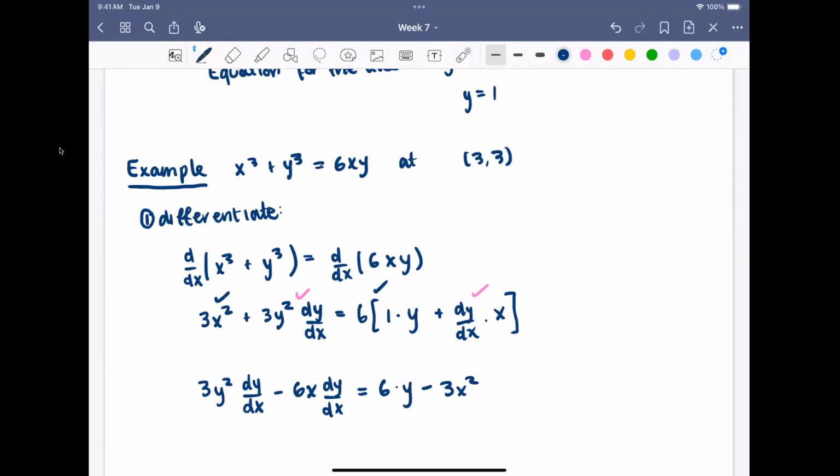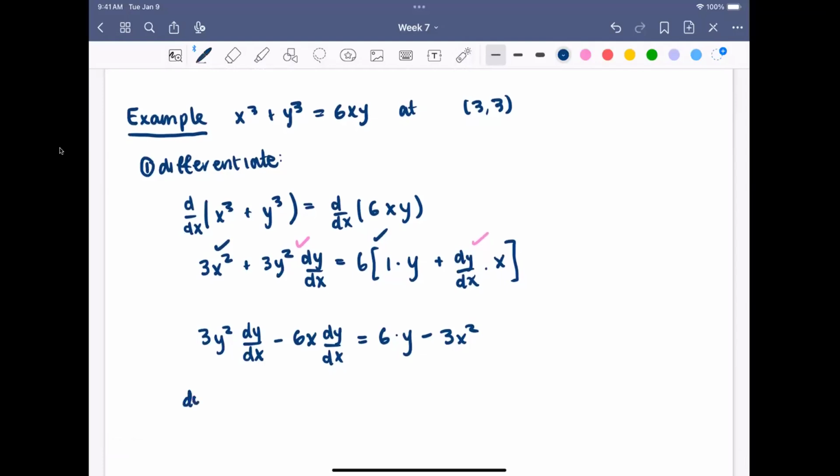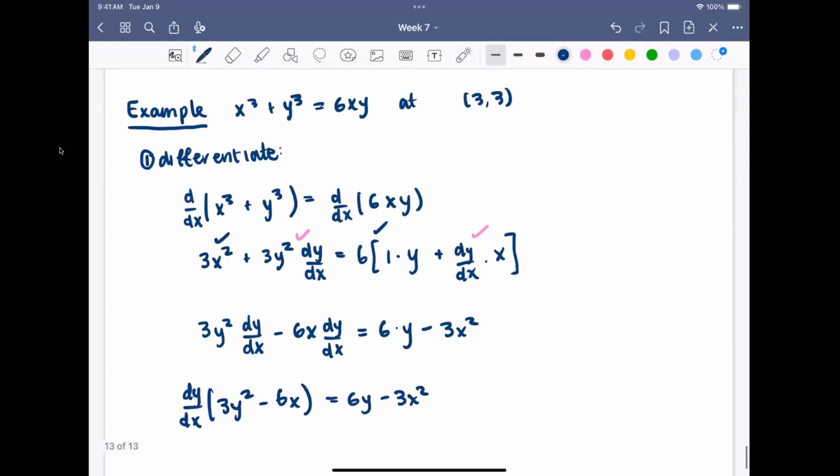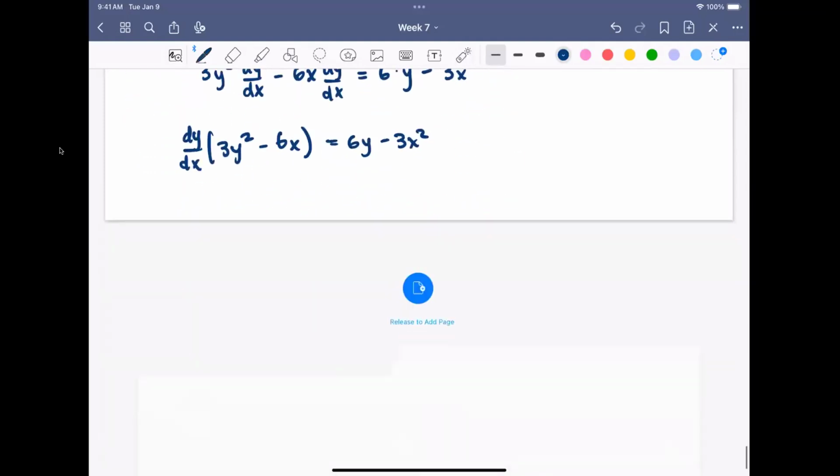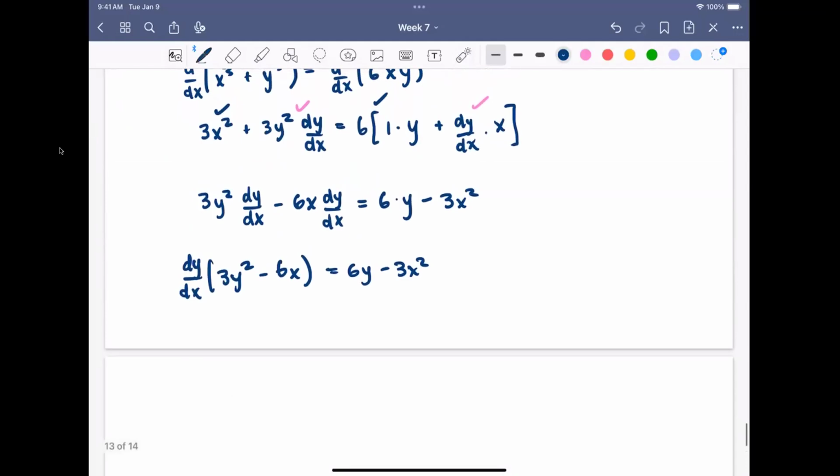Okay. Other questions? So now I'll factor out dy/dx, and then divide by 3y squared minus 6x.